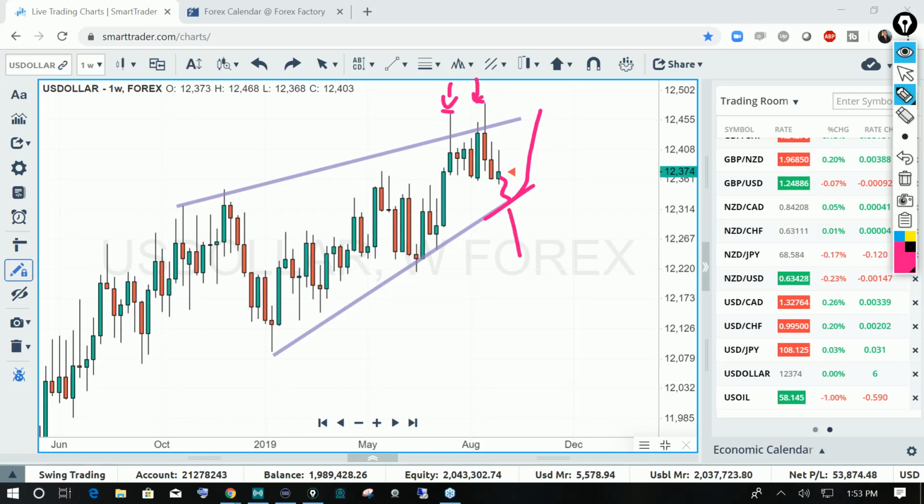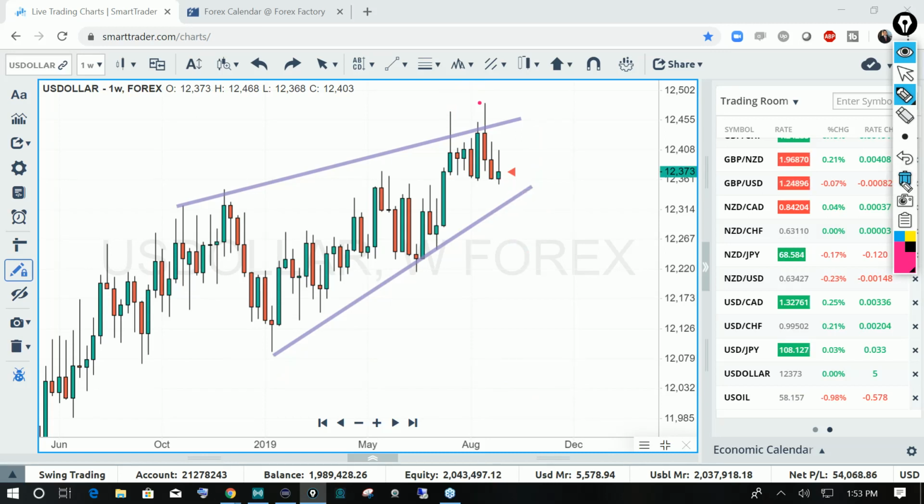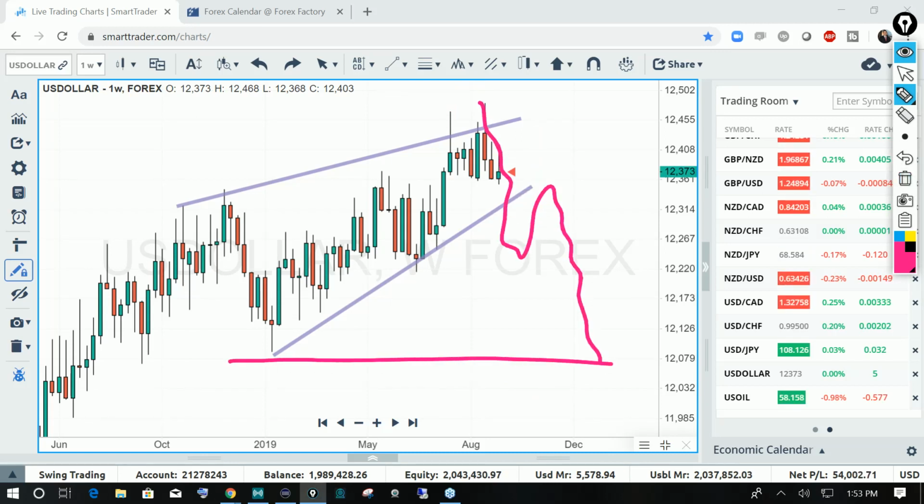So that's why I'm saying if we do break out below that level, I'm not going to be too unhappy, all right? Because you can see how far the market's going to come back to get to this level. We've got a long way to go to get to this level right here. And if it breaks out of the support down here at this trend line, then we are going to be heading south, and it's going to do something like this as it starts dipping down towards that level right there. Are you seeing that on your chart?